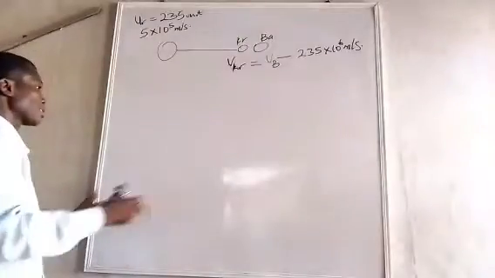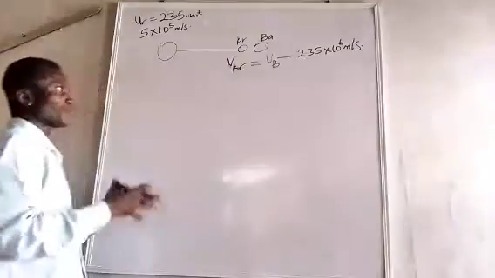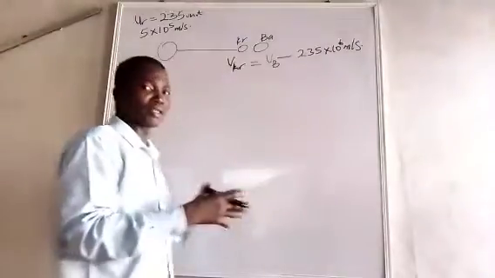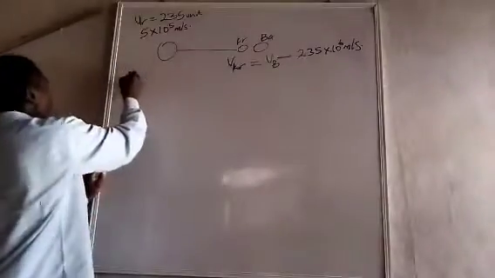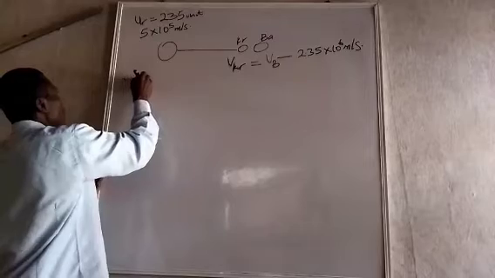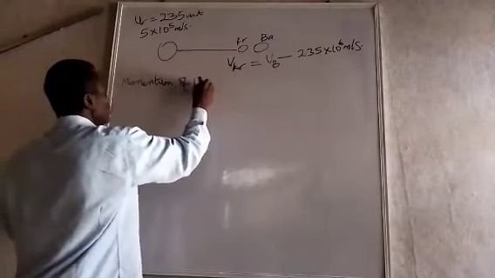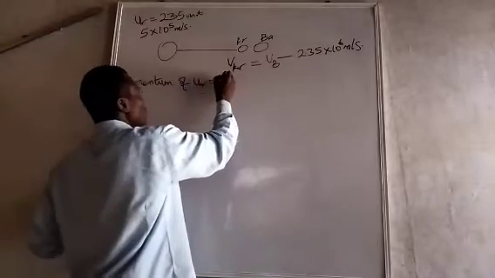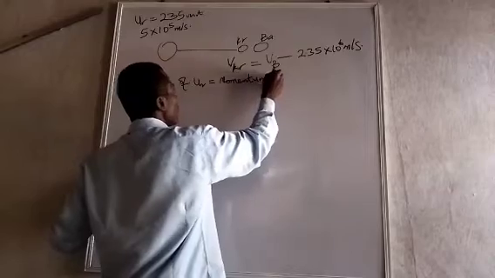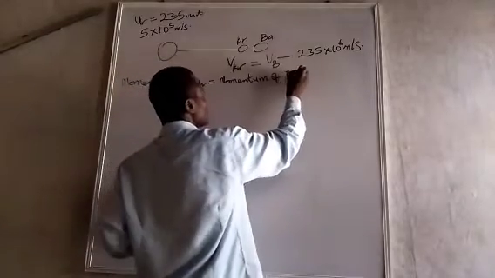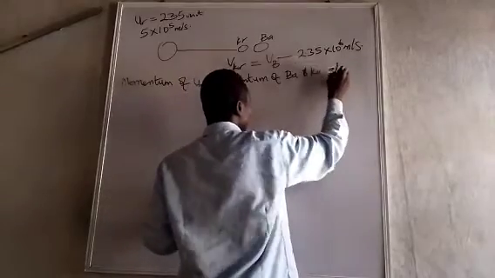From the principle of the law of conservation of momentum, the momentum before splitting is equal to the momentum after splitting. So we can say that the momentum of uranium is equal to the momentum of barium and krypton after splitting.